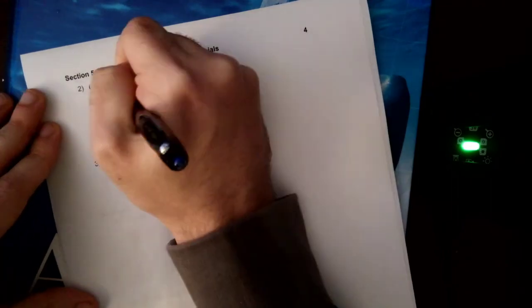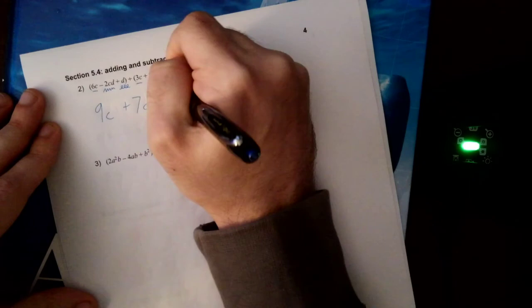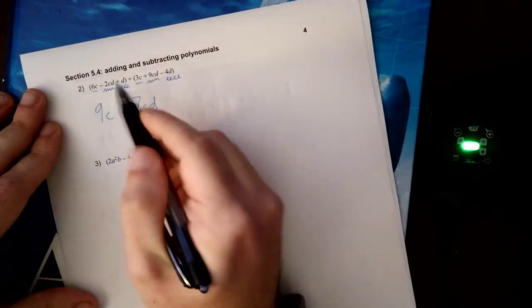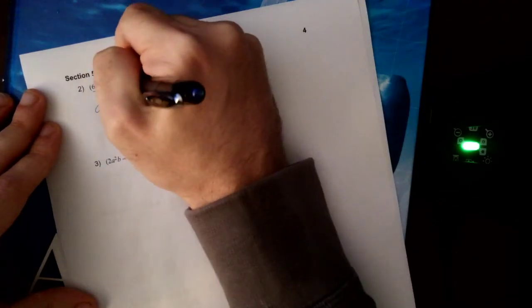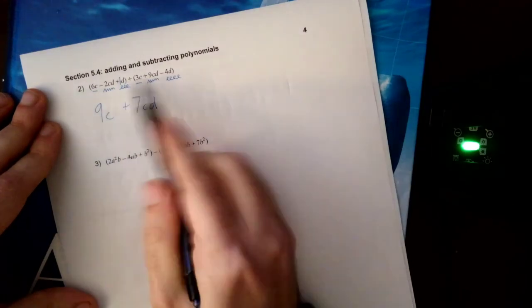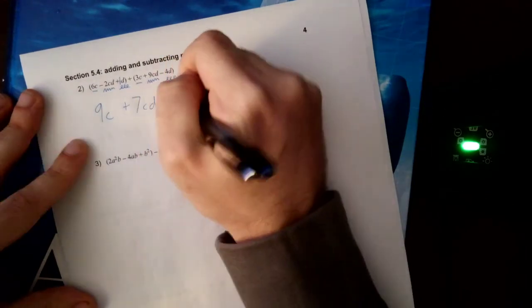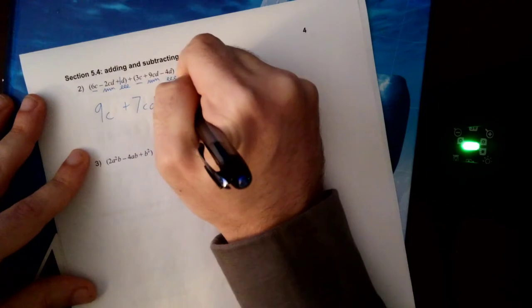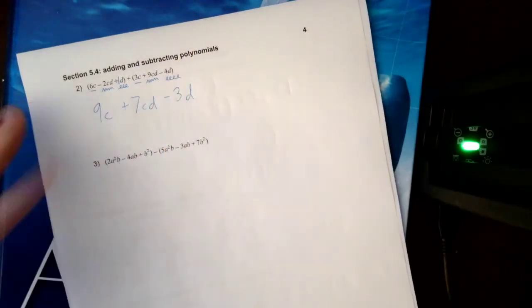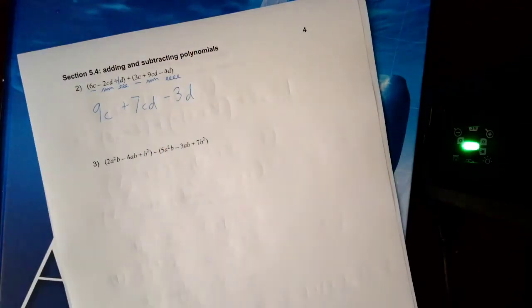CD. And then lastly, I have D terms. 1D, right? There's a hidden 1 if we want. And negative 4D, those add up. 1 and negative 4 add to negative 3D. So I can work with multiple variables in my same polynomials.